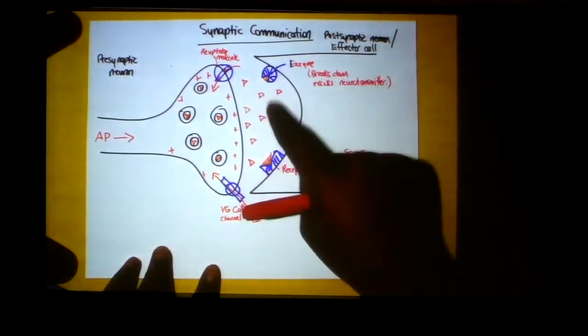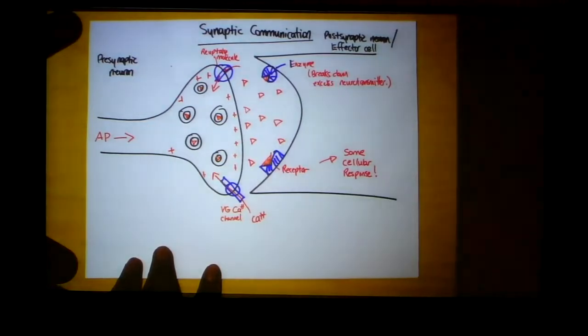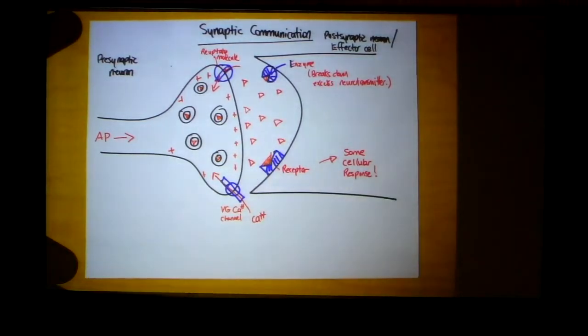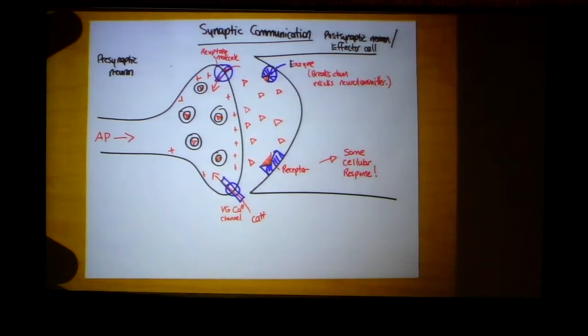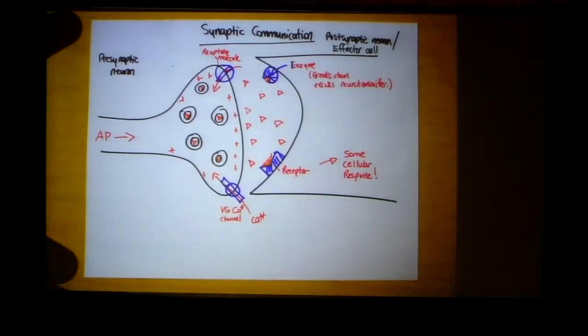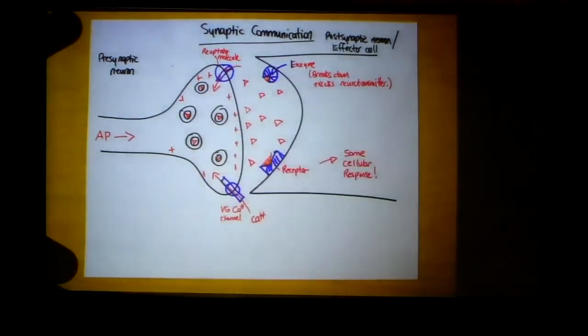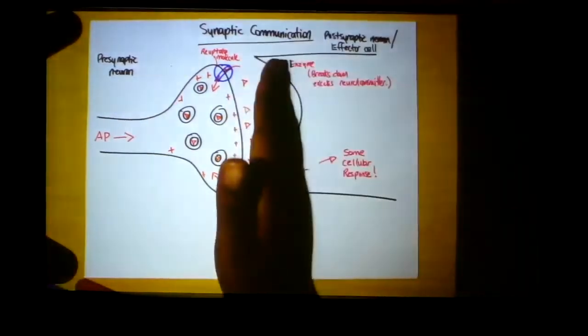Once in the cleft, the neurotransmitter binds to its unique receptor, and then the receptor brings about some type of cellular response. Excess neurotransmitter can do one of three things. It can diffuse away from the cleft. It can be degraded by this enzyme and then diffused away from the cleft, or it can be reuptaken, repackaged, and repurposed, okay? And that is to facilitate the cessation of this signal.